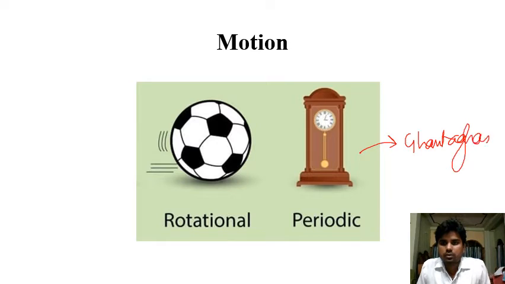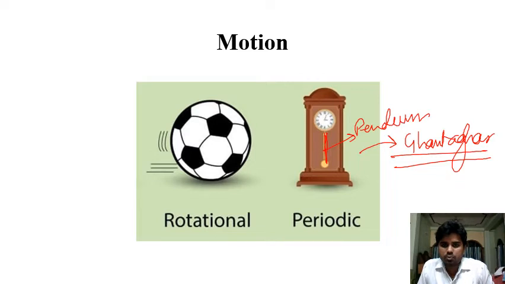Have you seen that? So here we can see that there is one structure that is known as pendulum, and this pendulum-like structure is moving this way and this way.